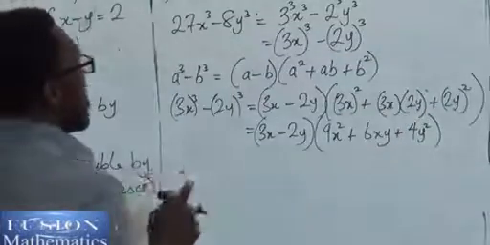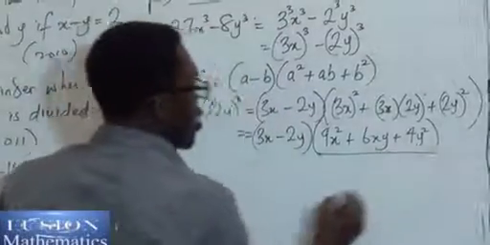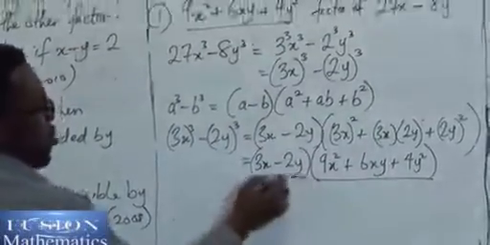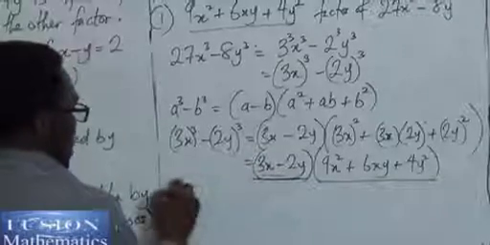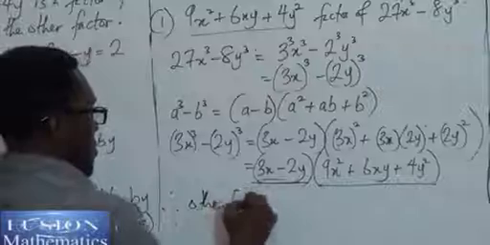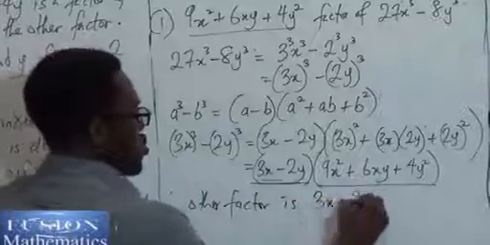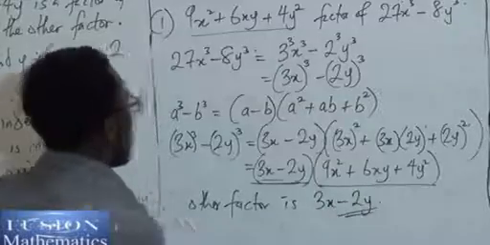So you will see that this expression is the same as this. So the other factor definitely will be 3x minus 2y as our answer.